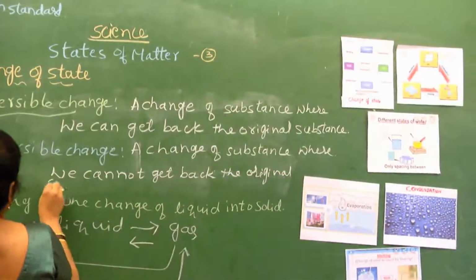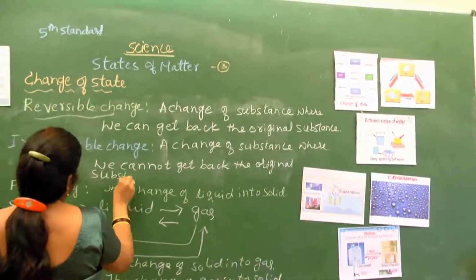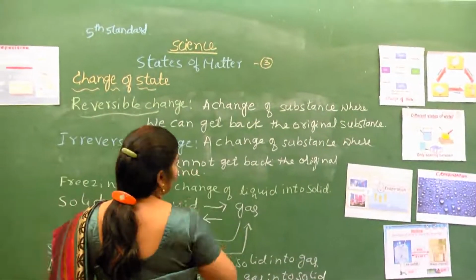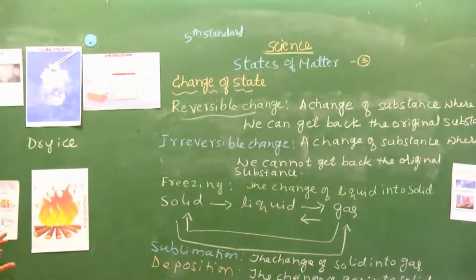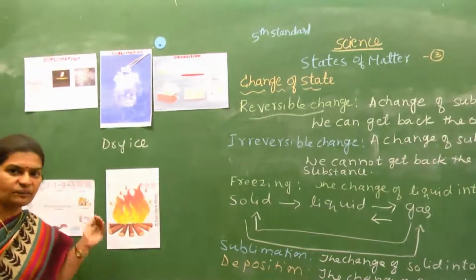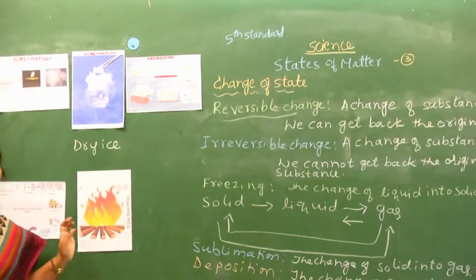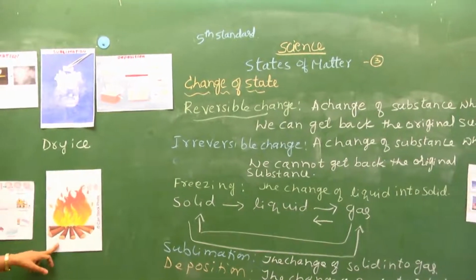That is called irreversible change. An example of irreversible change, where after the change we cannot get back the original substance, is burning.